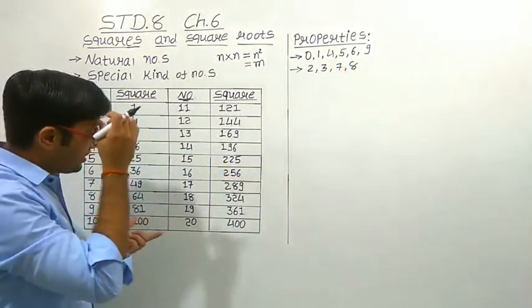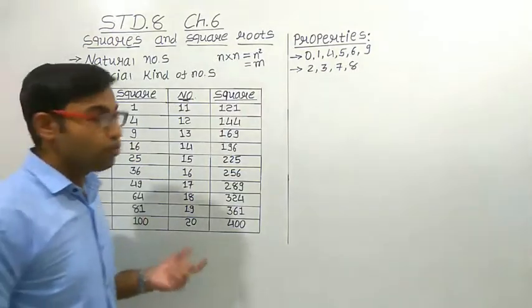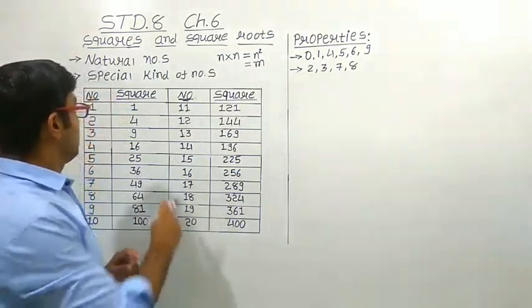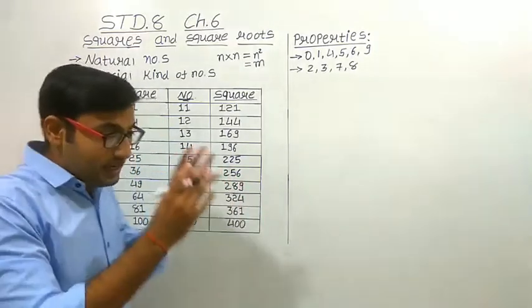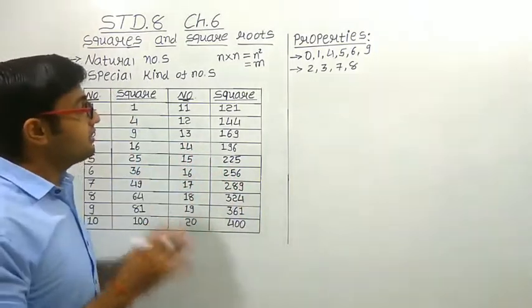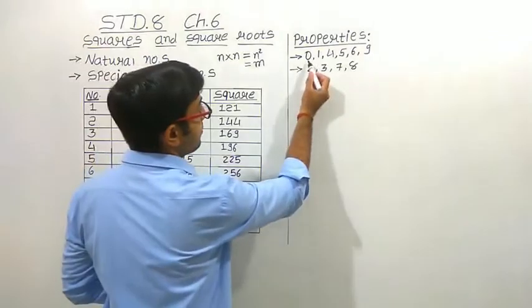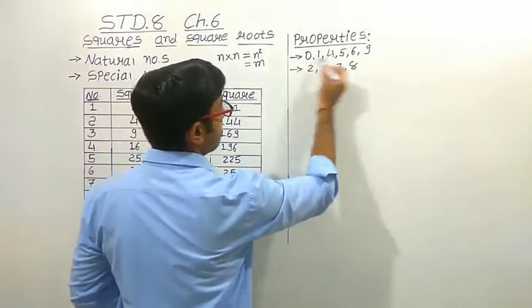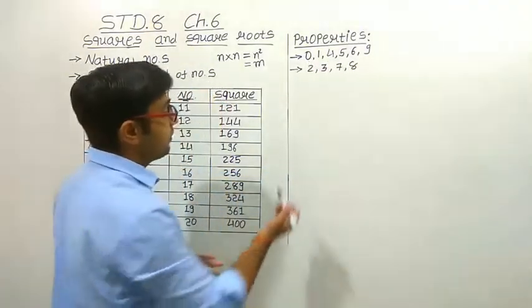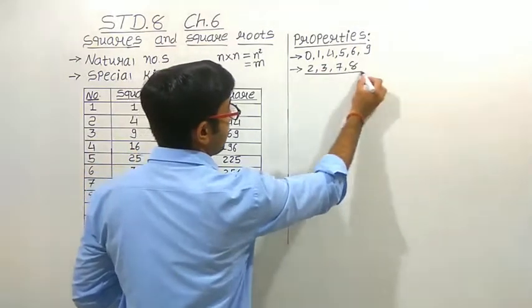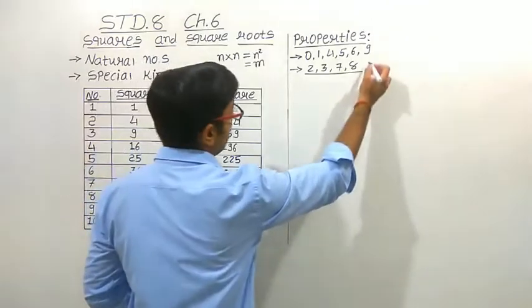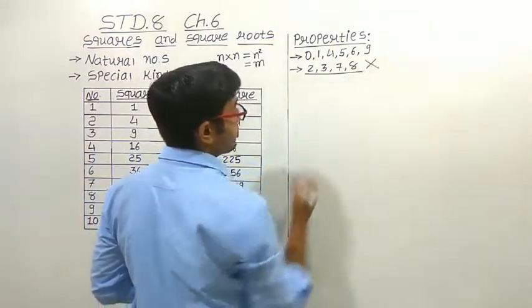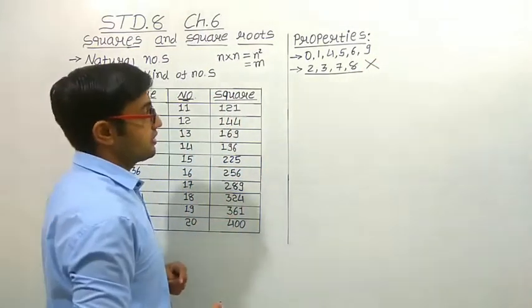So from this table we can conclude that if the number is a perfect square of any natural number, then its unit place number must be from these numbers. If there is 2, 3, 7, 8 at the unit place, then that number can never be the perfect square of any natural number.